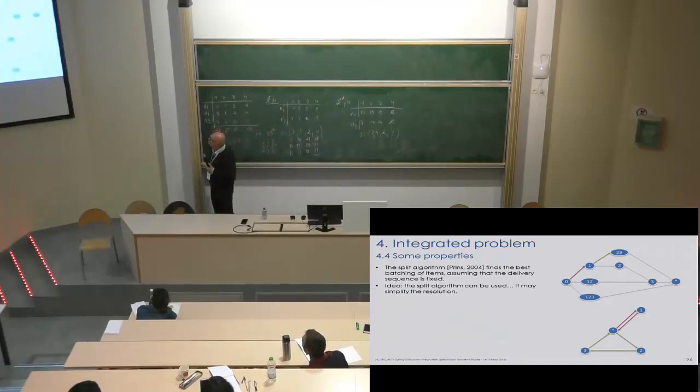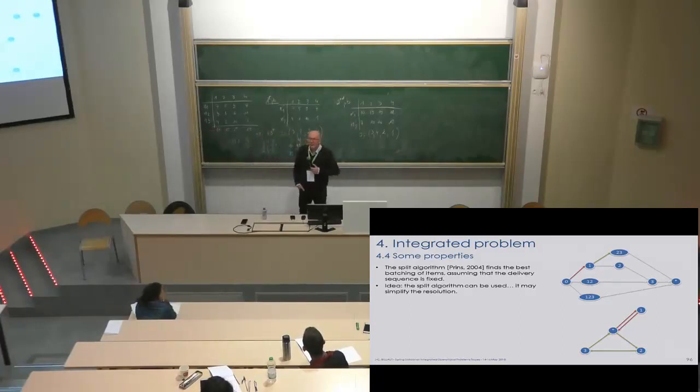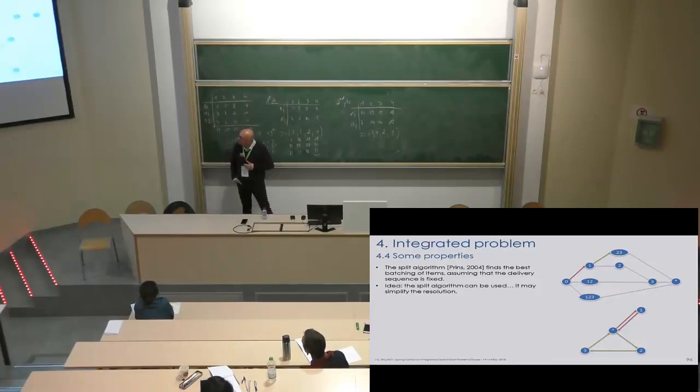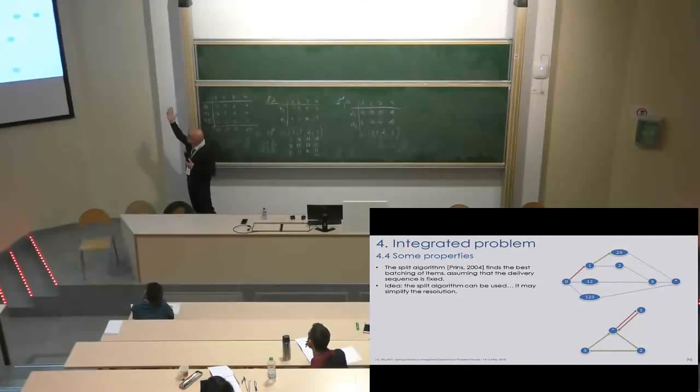Maybe you know some things about the split algorithm. I think you have heard about it today. The split algorithm finds the best batching of items, assuming that the delivery sequence is fixed. So can we use the split algorithm to define the best way to deliver the jobs? Maybe it could be a simplification of the problem.